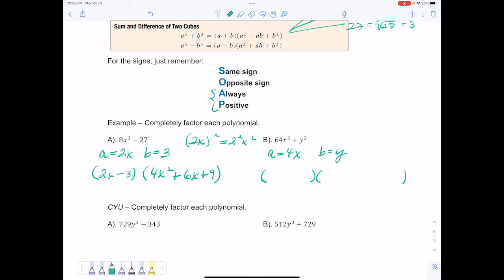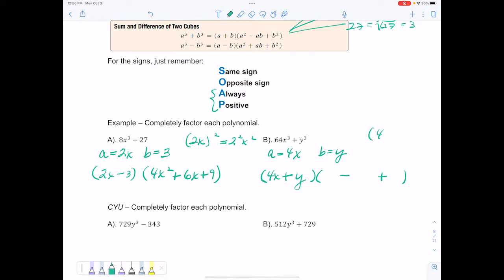So using my rule for the signs, right, it's SOAP, so it's same sign, and then it's opposite sign. So what's the opposite of a positive? It's a negative, and then always positive. And if I look at my formula, it just goes a plus b times a squared minus ab plus b squared. So a plus b, and then a squared.